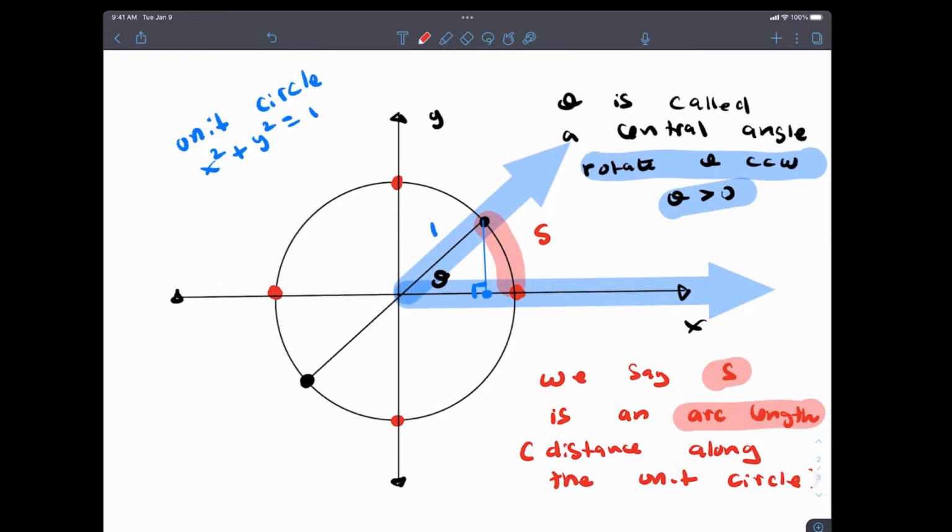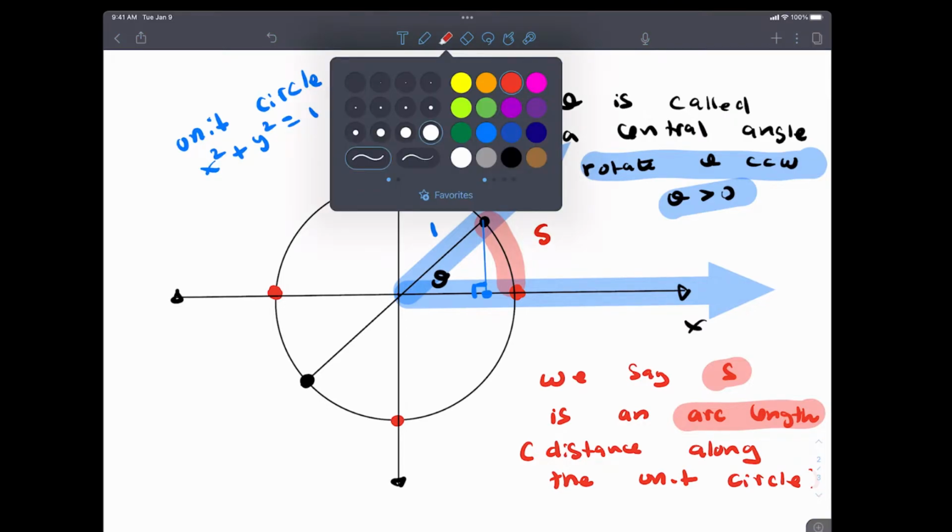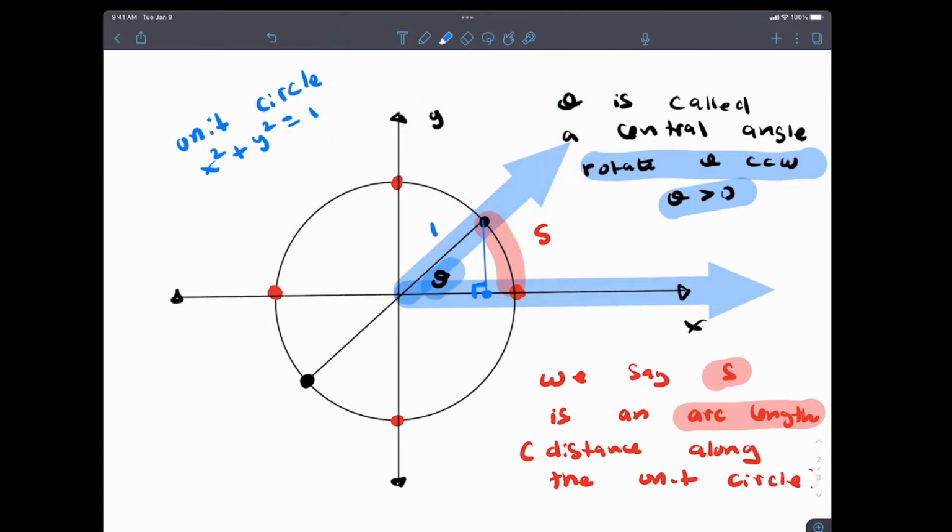So we're starting to do two things here. We're starting to move away from geometry, although we do have to remember geometry, because there's a relationship here. Every central angle has an associated arc length.